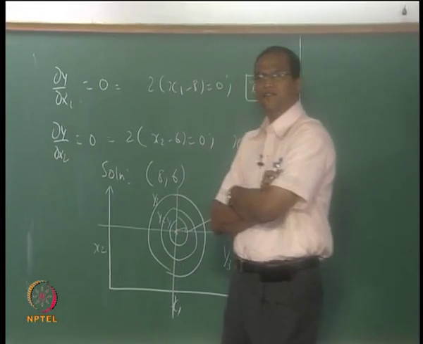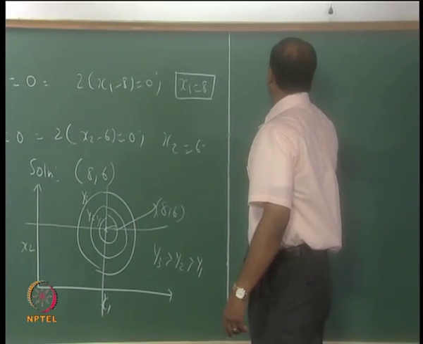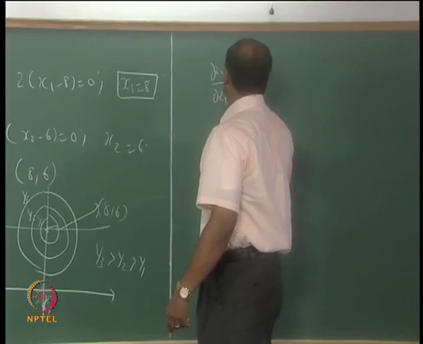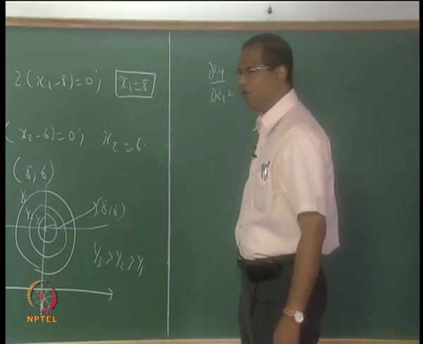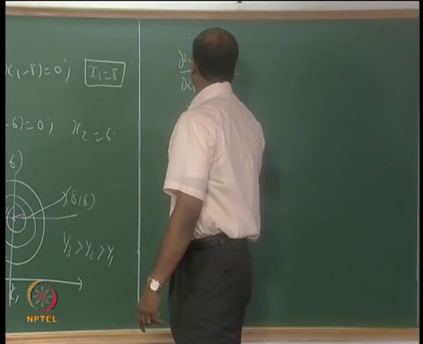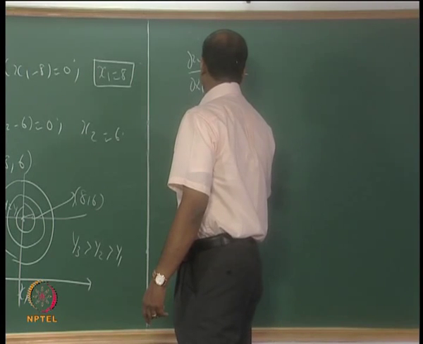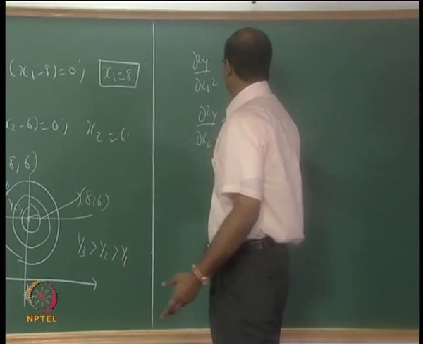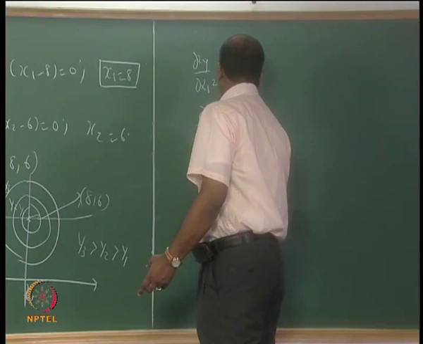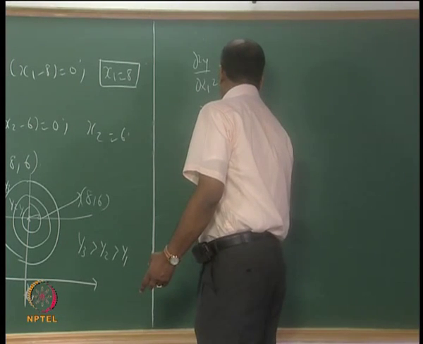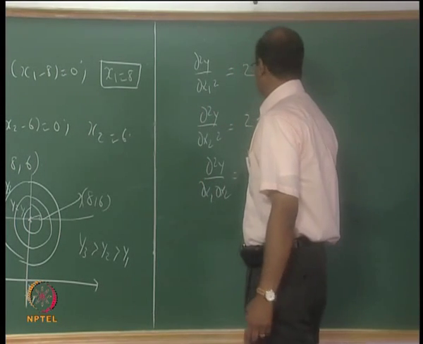Now the second order derivatives are pretty straightforward. They are equal to 2 and 0.